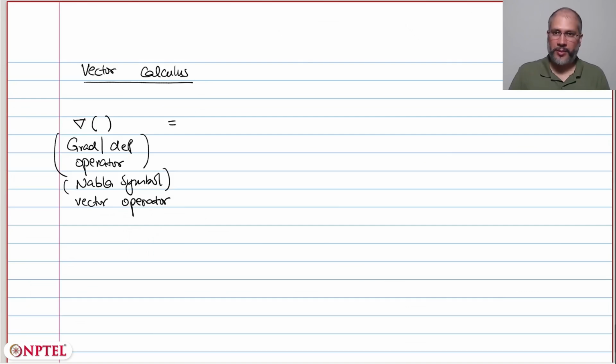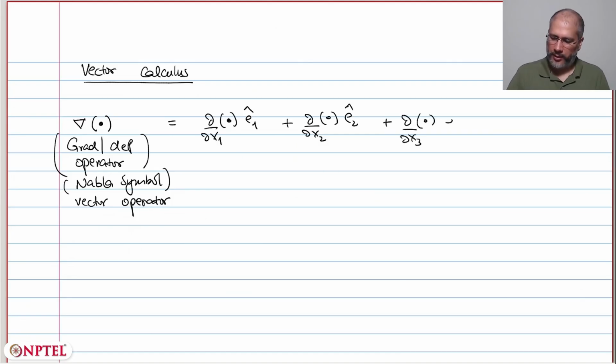So this can be expanded as del by del x1 e1. Remember, if you have something in the bracket here, that something goes in the bracket here, plus del by del x2 e2 plus del by del x3 e3.